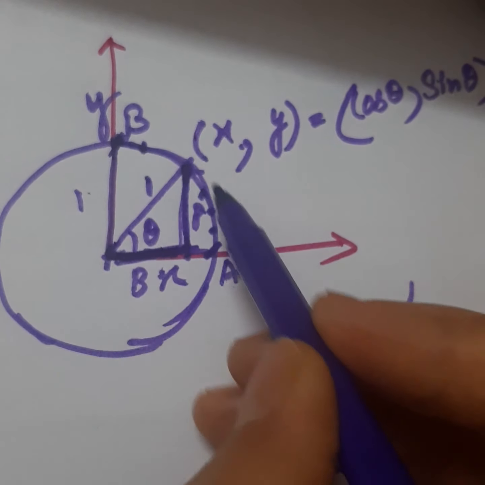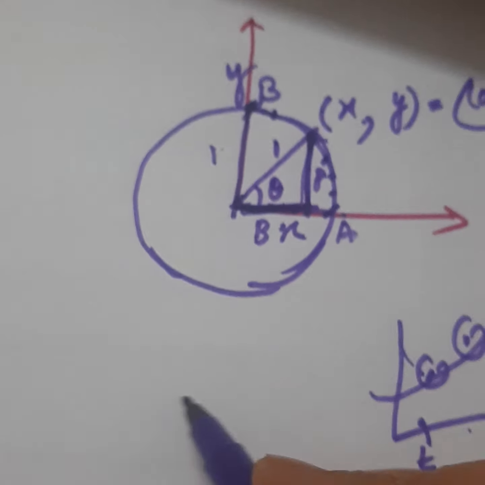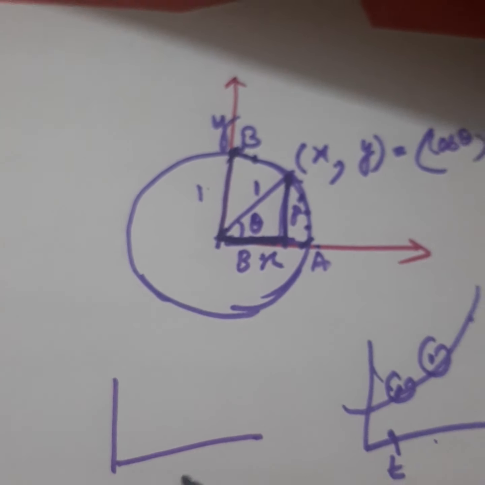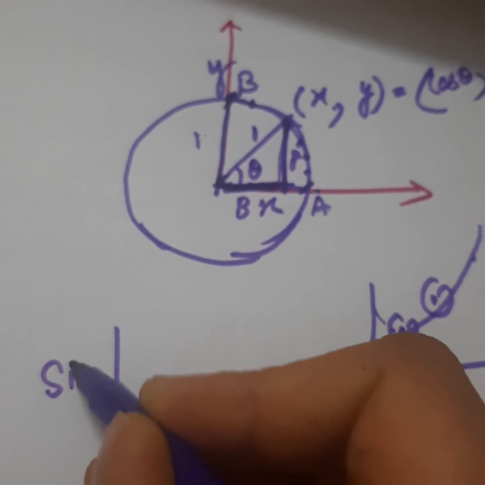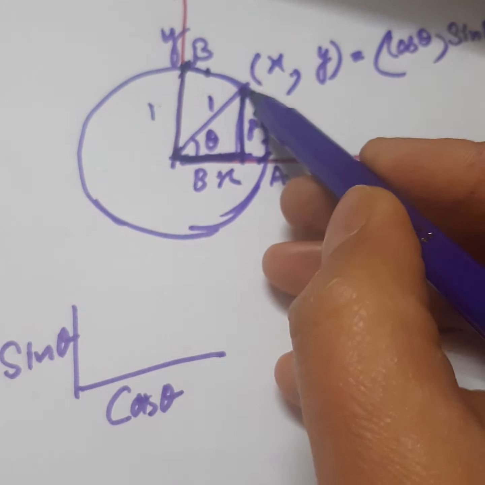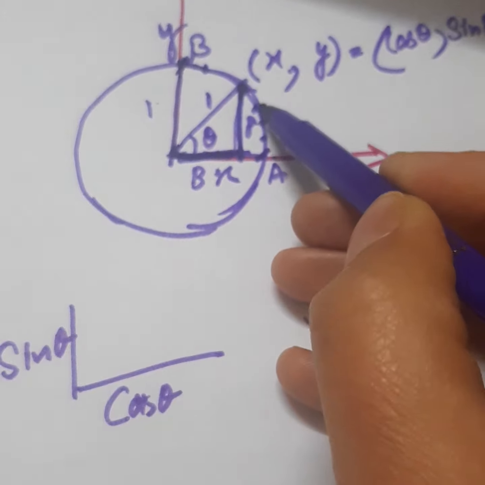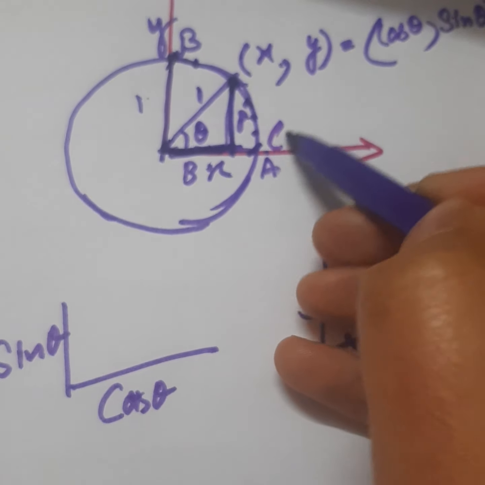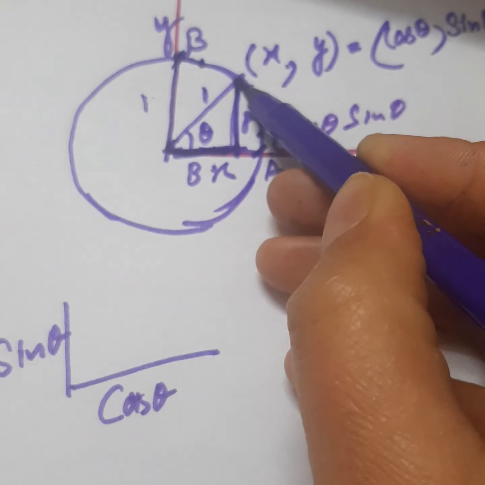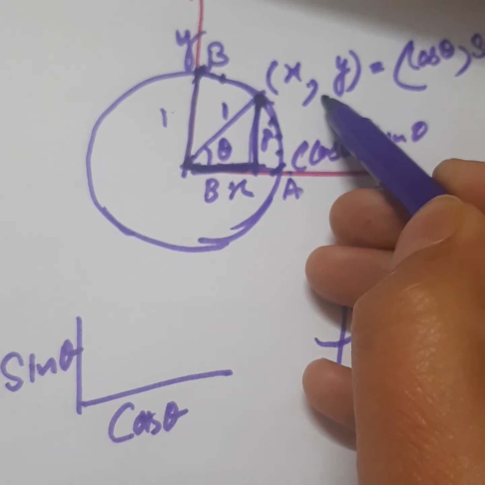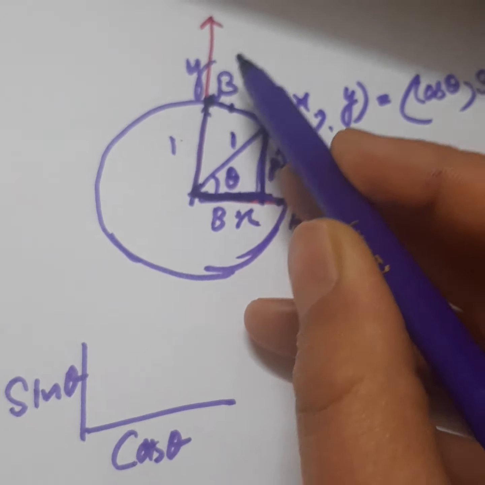So this graph is a result of, what are you plotting? You're actually plotting cos theta versus sine theta. This is point cos theta sine theta. This is cos 0 sine 0. This may be cos 45 sine 45. This is cos 90 sine 90.